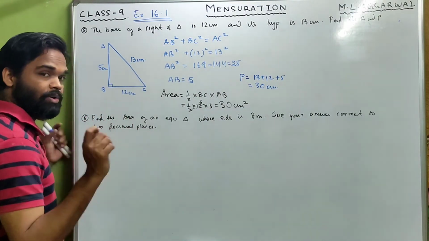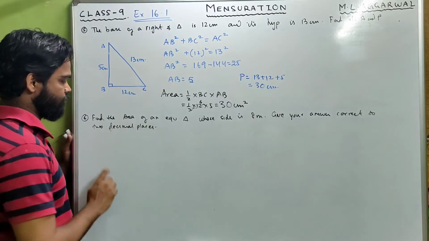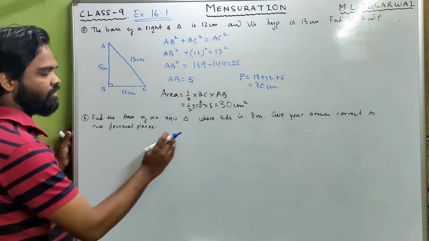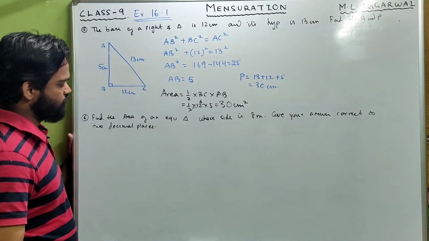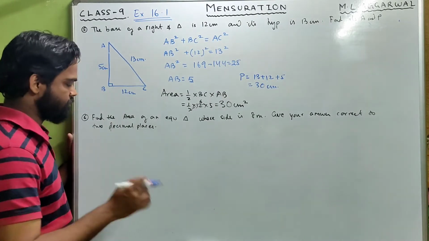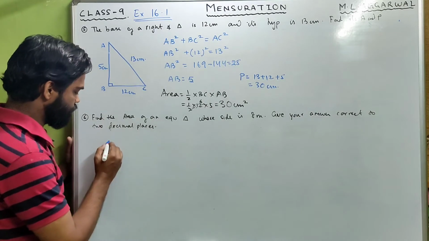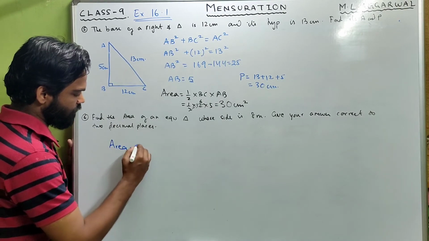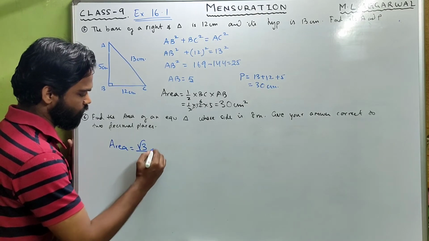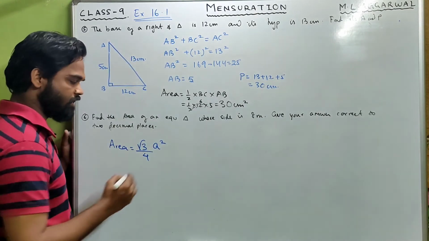Now, look at sum number 6. Find the area of an equilateral triangle whose side is 8 meter. Give your answer correct to 2 decimal places. Very easy. What I'll do? We know for equilateral triangle, area is given as root 3 by 4 a square, where a represents the side.